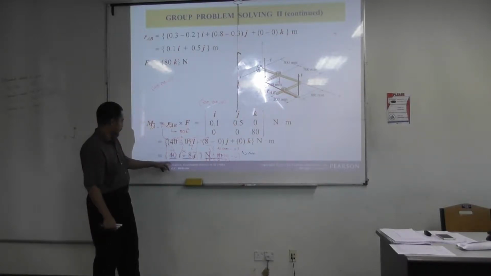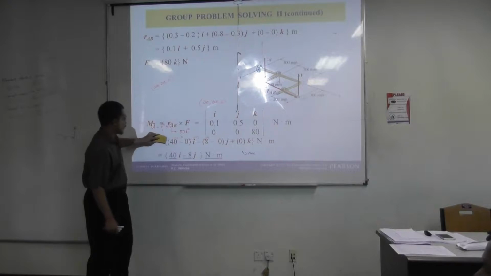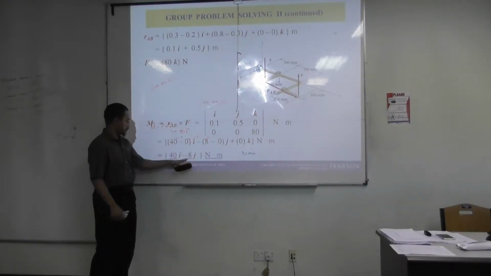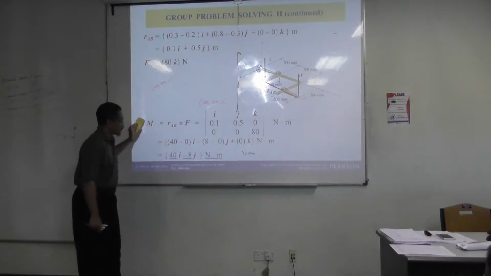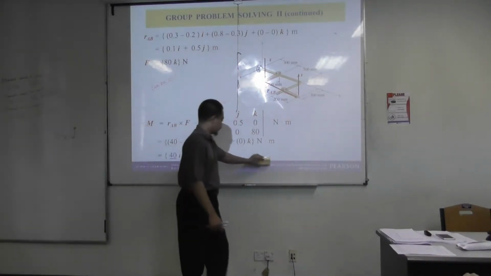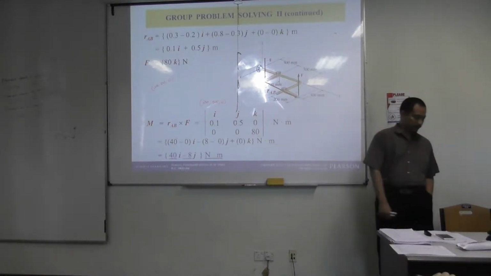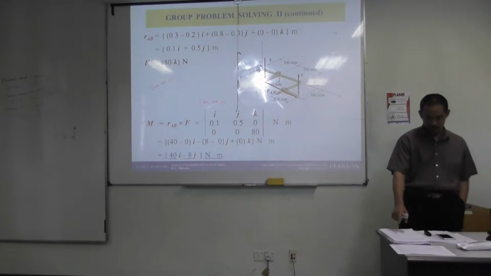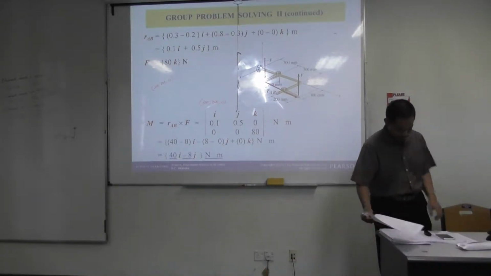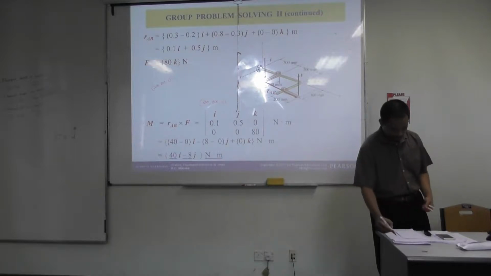But if the slides use Newton meter, then it will be in this form. As long as you state your unit clearly, it should be okay. If you miss out on the unit, as you may see from the quiz that will be written after this, you will lose some marks there.